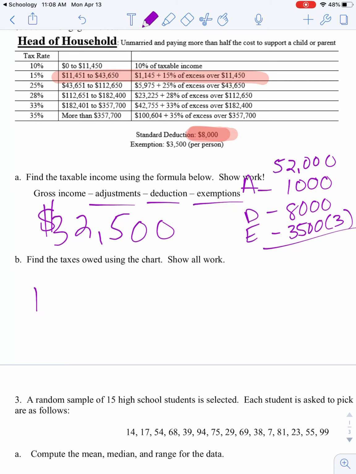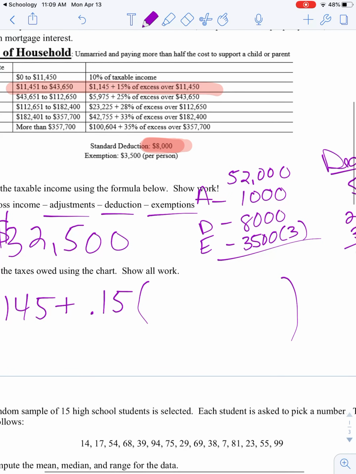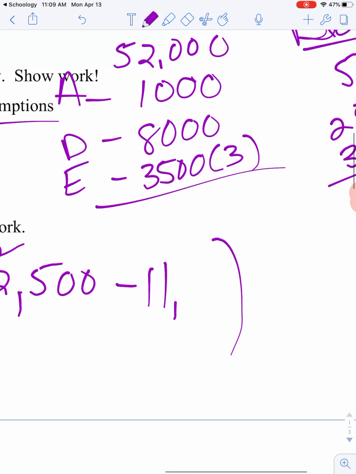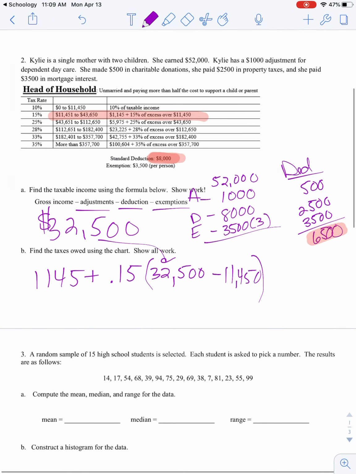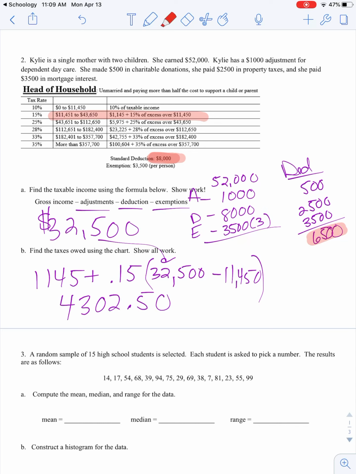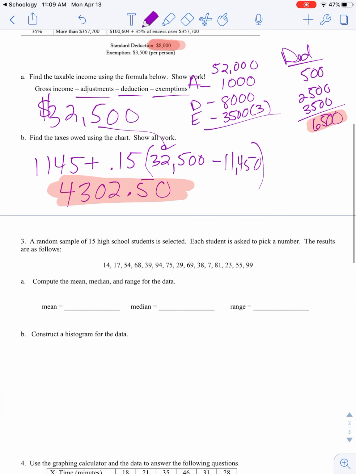So I'm gonna pay $11.45 plus 15%. So I convert that right away to a decimal. Of the excess over, so this goes here, 32,500 minus the excess over of 11,450. And then you can go to your calculator and calculate that all out. That's where you get the $4,302.50. So that ends up to be the amount of taxes they owe over the entire year.